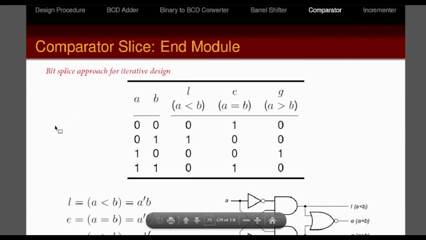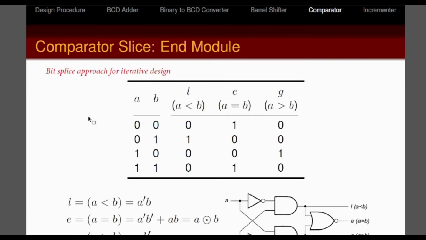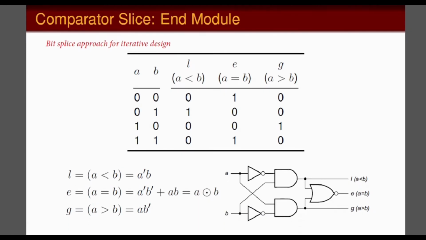Now, bit slice means we want to design a single-bit comparator, and then we can cascade it. So the approach is you compare A and B, and you label less than, equal, and greater.